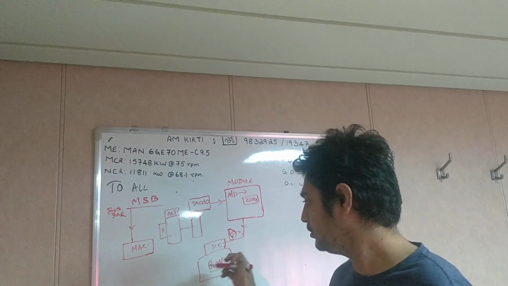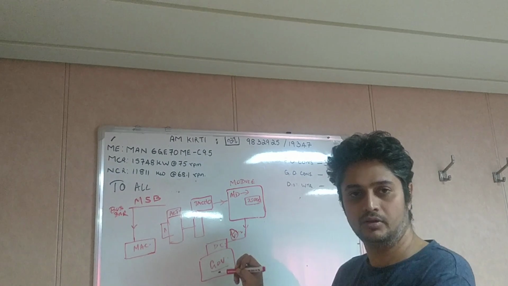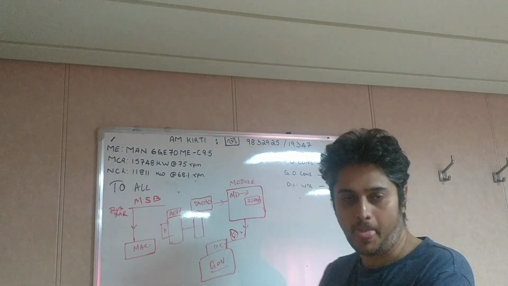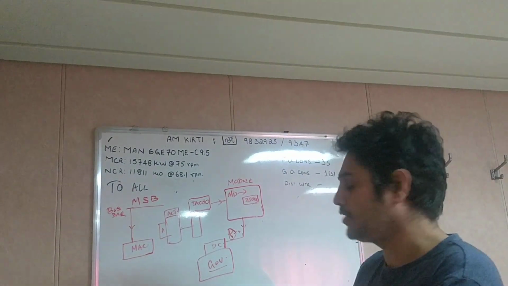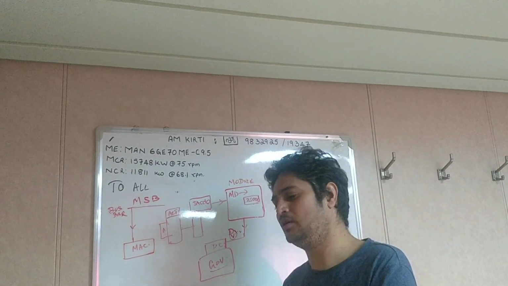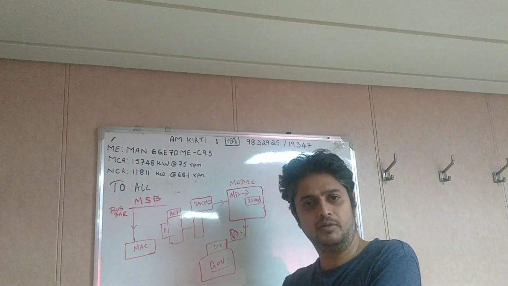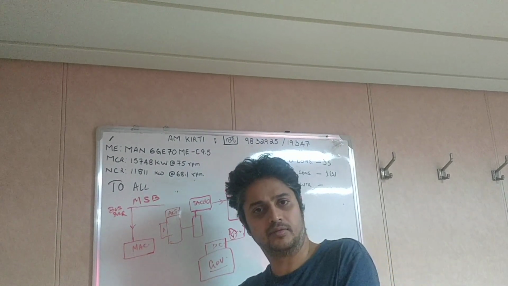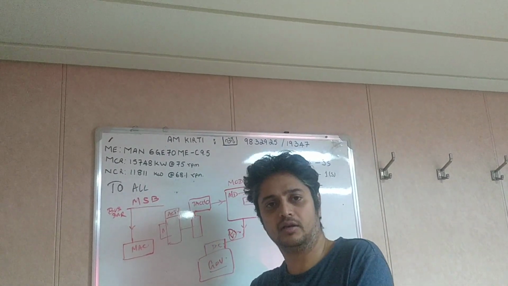When you want to reduce also, the same thing is happening. And suppose you would have noticed in the ECR also, there will be increase and decrease in the synchronization panel.